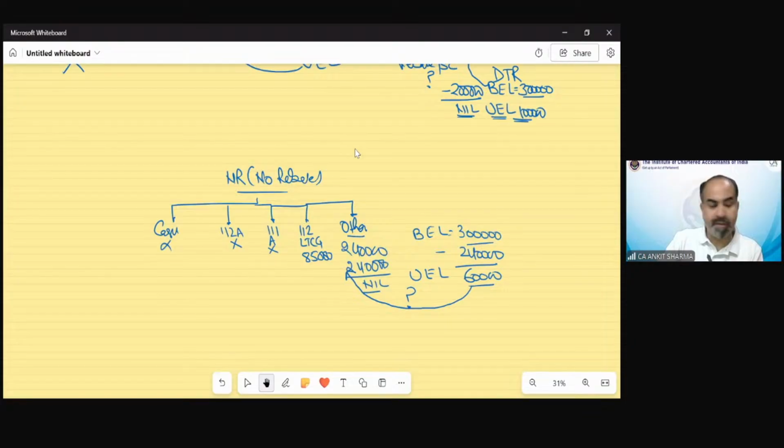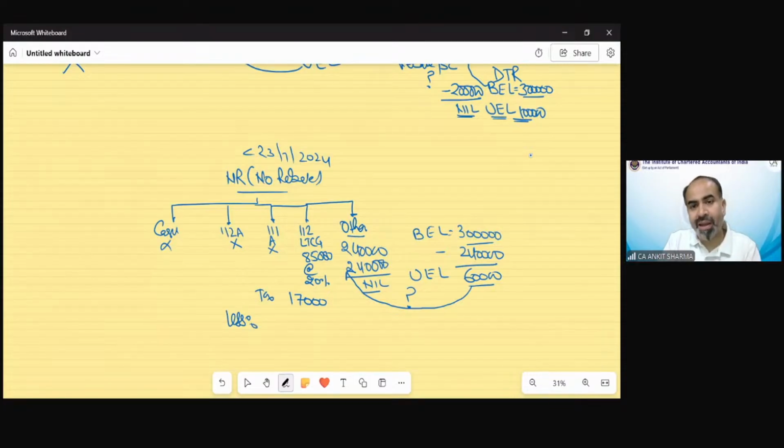Not allowed. Very well done, Ishan. So we have to tax that long-term capital gain at the rate of 20% because this is a case of before 23rd of July. So tax would be 17,000. Straightforward.